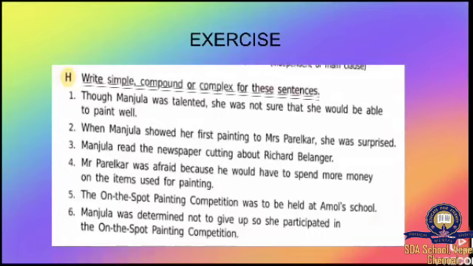Moving on to our last question. Manjula was determined not to give up, so she participated in the on-the-spot painting competition. The word so is used to connect 2 independent clauses.